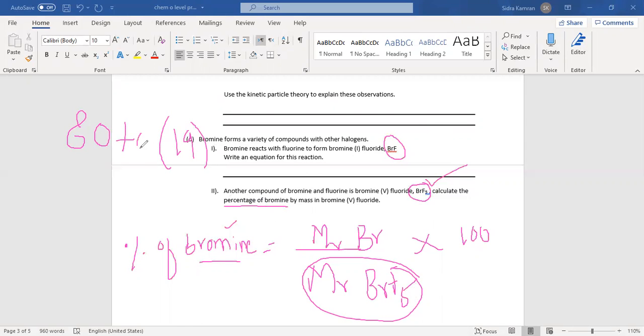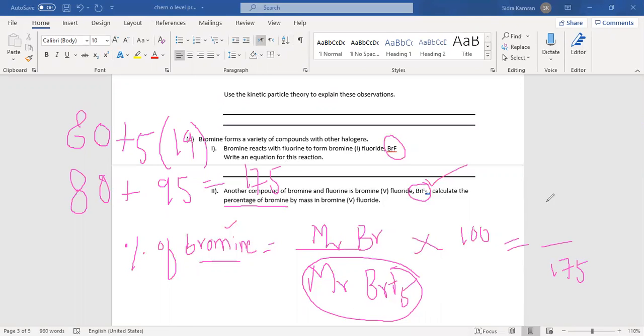So you have to multiply it by 5. So 19 multiplied by 5 equals 95. Add these two values, it will be equal to 175. So the relative molecular mass of BrF5 is 175.